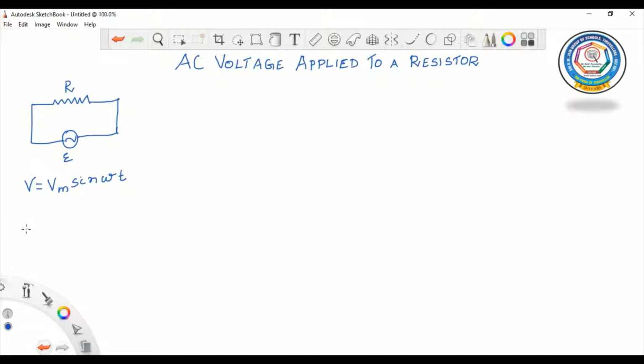So when we apply Kirchhoff's loop rule, let me write here, children, applying Kirchhoff's loop rule. Hope all of you remember this Kirchhoff's loop rule, whatever we discussed in current electricity.